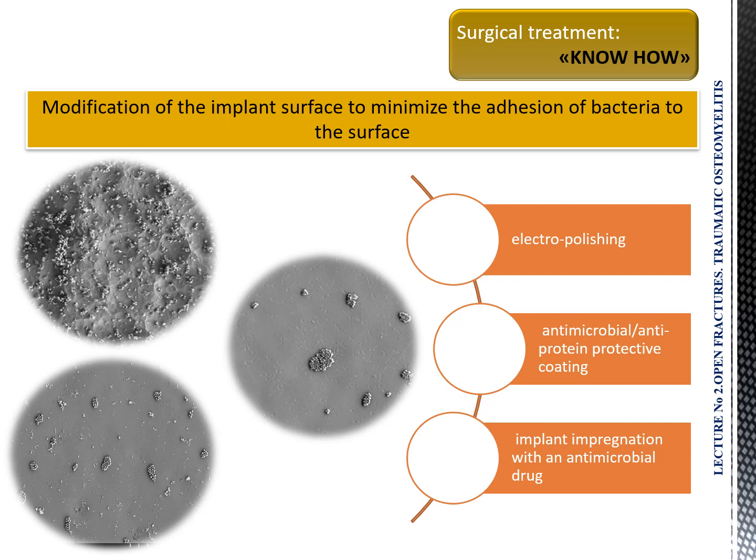In this case, it greatly hinders the adhesion of microorganisms and the reproduction of colonies on the surface of such an implant. Antimicrobial coating. Yes, there are such options when special substances, some of them with antimicrobial properties, are implanted on the surface of the metal structure. There were methods of silver impregnation on the surface of the metal structure.